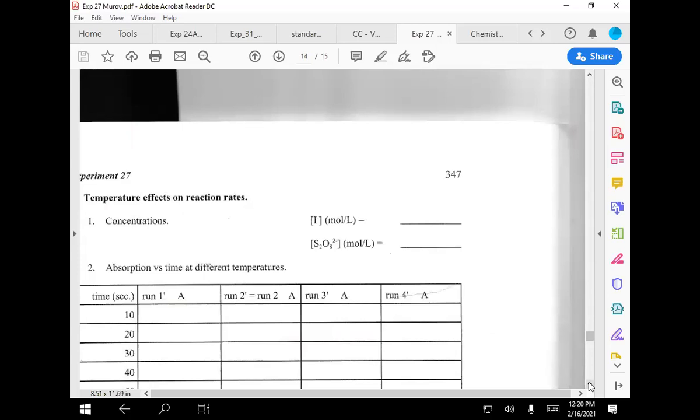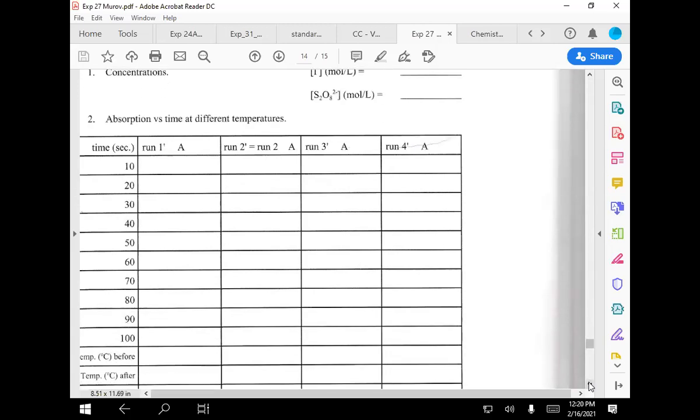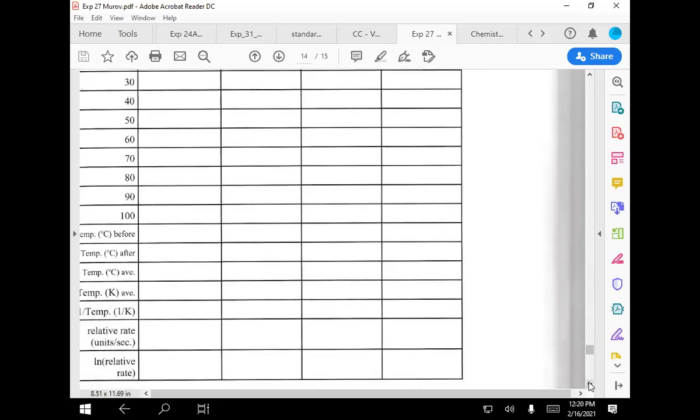Okay, then this is still part of your results and discussion, but part B. And this one's going to be at different temperatures. He uses that prime again. So 1 prime, 2 prime, 3 prime, 4 prime at different temperatures. So you're going to have to fill this all out.